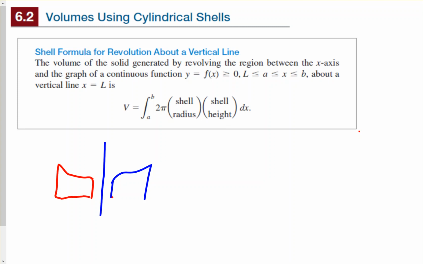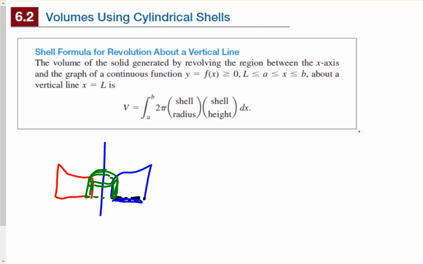So let's see if we could. If we look at the shell, it's basically going to be something like, you'll have this little shell here, it'll get spun around, so you're getting this hollow cylinder, best way to put it, right? It'll be a cylinder with a hole in the middle.